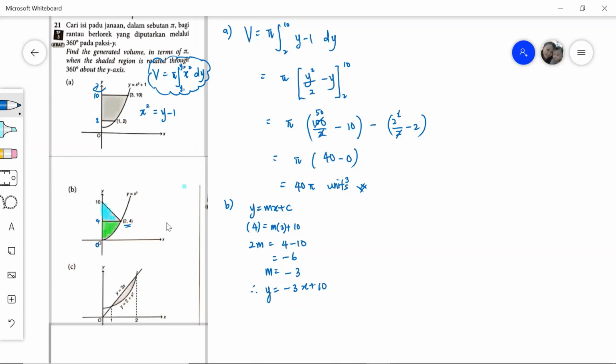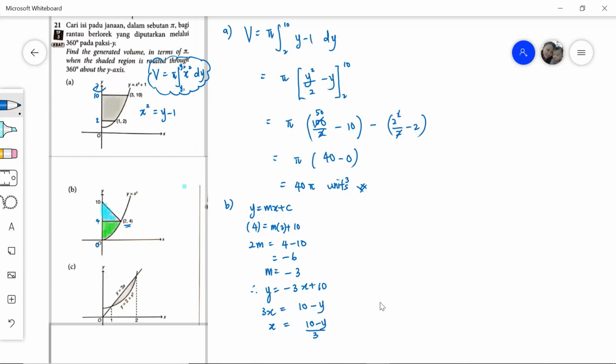In order for us to find the volume generated with respect to y, we have to make sure the function is written with x squared as the subject. In this case, 3x equals 10 minus y. So x equals 10 minus y over 3.